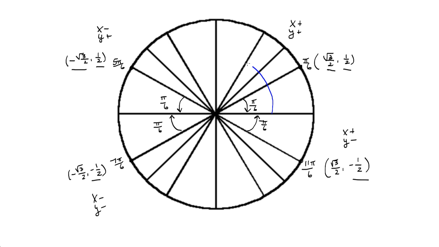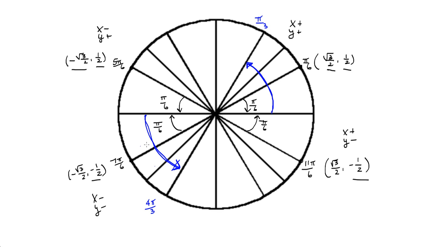How about this one? That's pi over 3, right? Well, what about down here? 4 pi over 3? That has the same angle, same amount of angle. So everyone see that this blue line right here, this angle is the same amount of measure as this angle here.